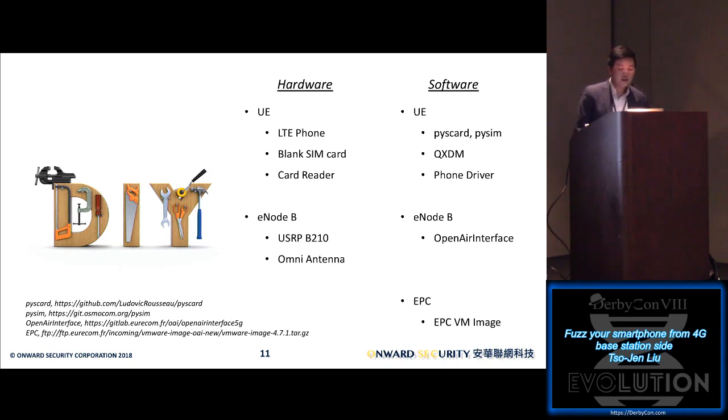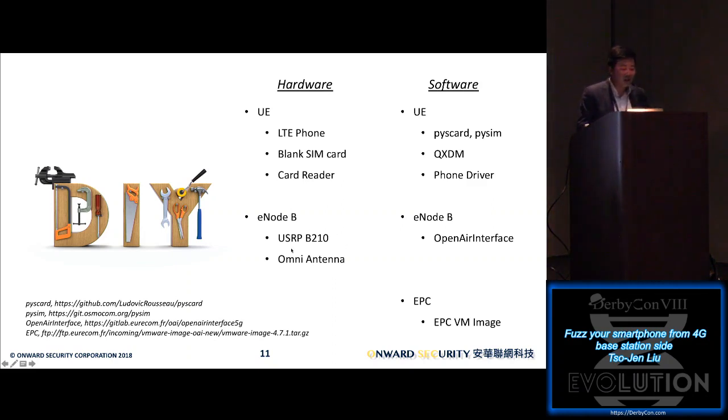You can find some results and tutorials on the internet. It's not difficult to find. So for the eNode B, you just need to buy the hardware. We call it an SDR, the USRP B210. This is an SDR, a software-defined radio tool.